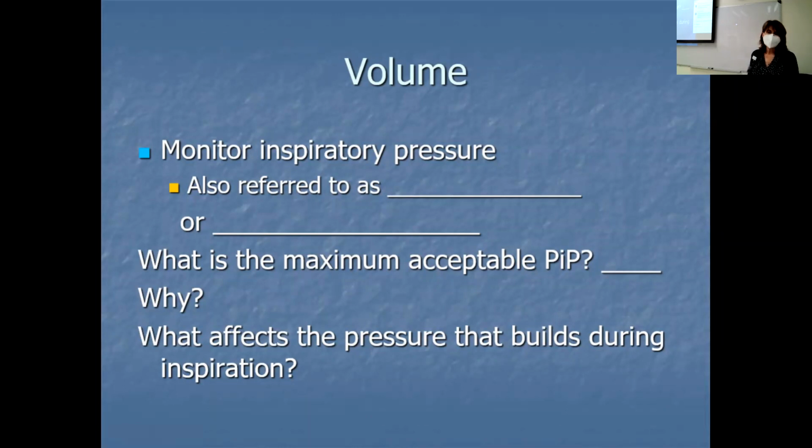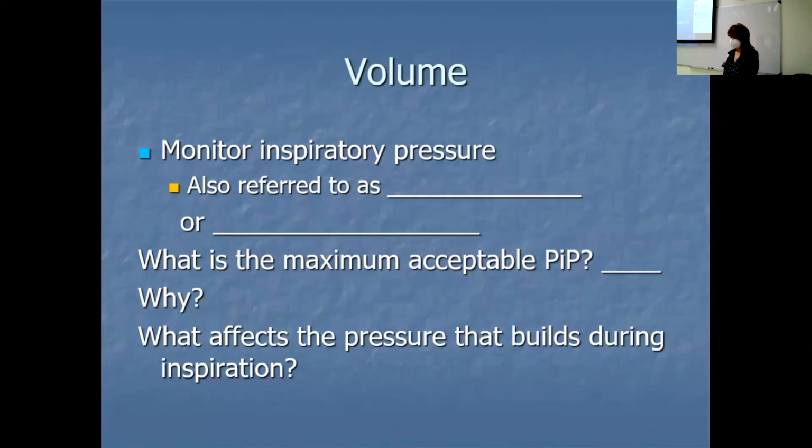What is the maximum acceptable peak inspiratory pressure? It depends on the patient. 30 to 40. Yeah, so having pressure build over 30 centimeters of water is a concern. So write down 30 centimeters of water. So why don't we want pressure to go higher than 30 centimeters of water?